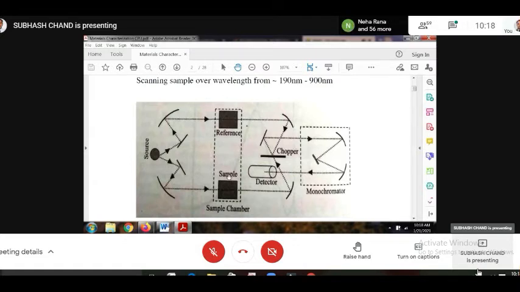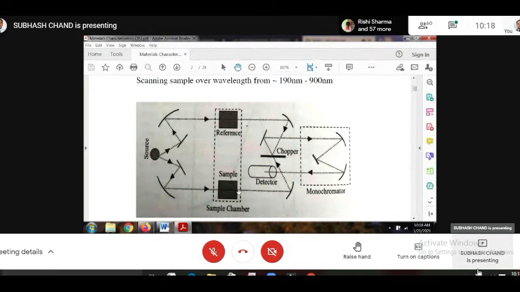Always you insert the sample with something. Your sample will be inside a container, so the light that passes through the container wall, the container wall will also absorb. If your sample is a thin film deposited on a glass slide, then this light passes through the sample as well as the glass slide.